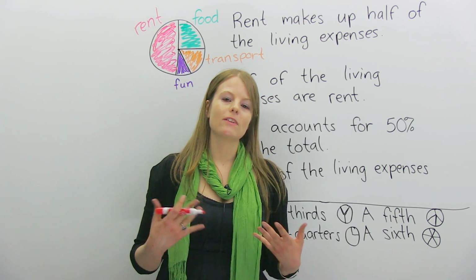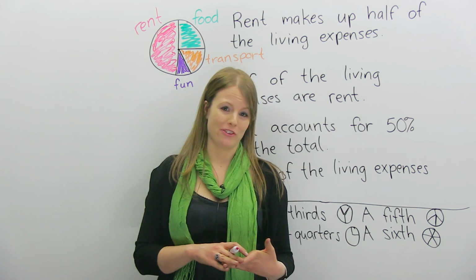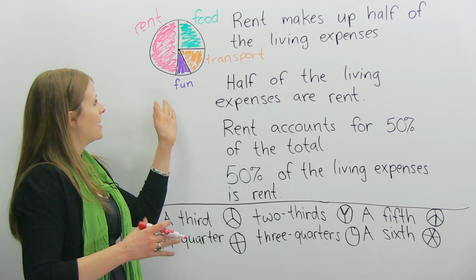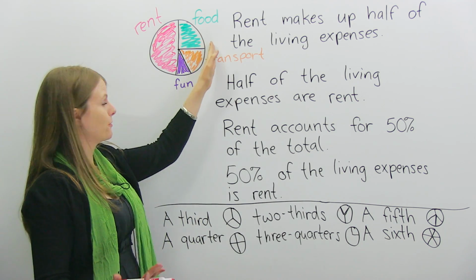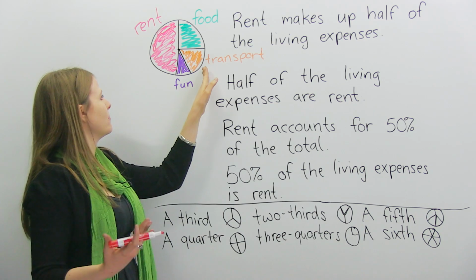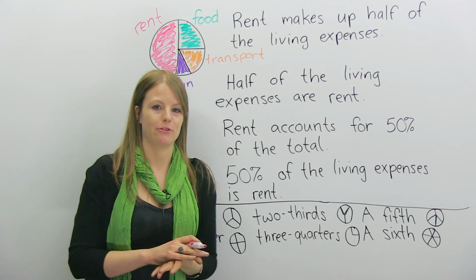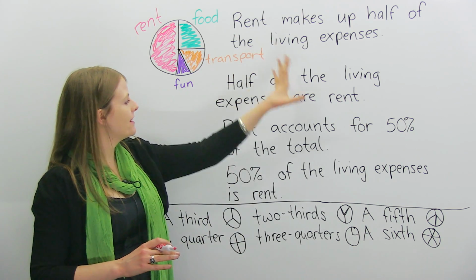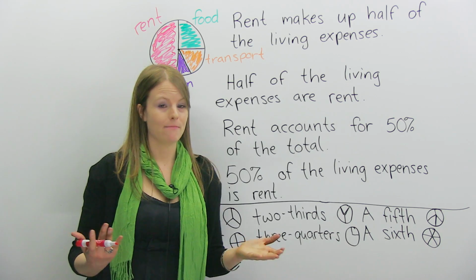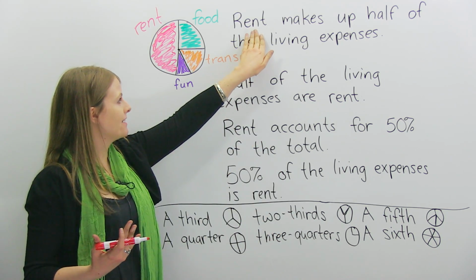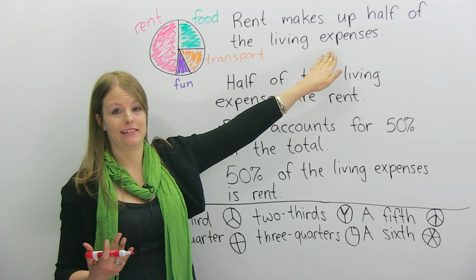Okay, so let's look at some good sentences you can use when describing numbers and percents. Again, we have the same pie chart. We have rent at 50%, food is about a quarter, transportation is about 15%, and fun is at about 10%. So I've written up some sentences to describe rent, okay? What I can say is rent makes up half of the living expenses.